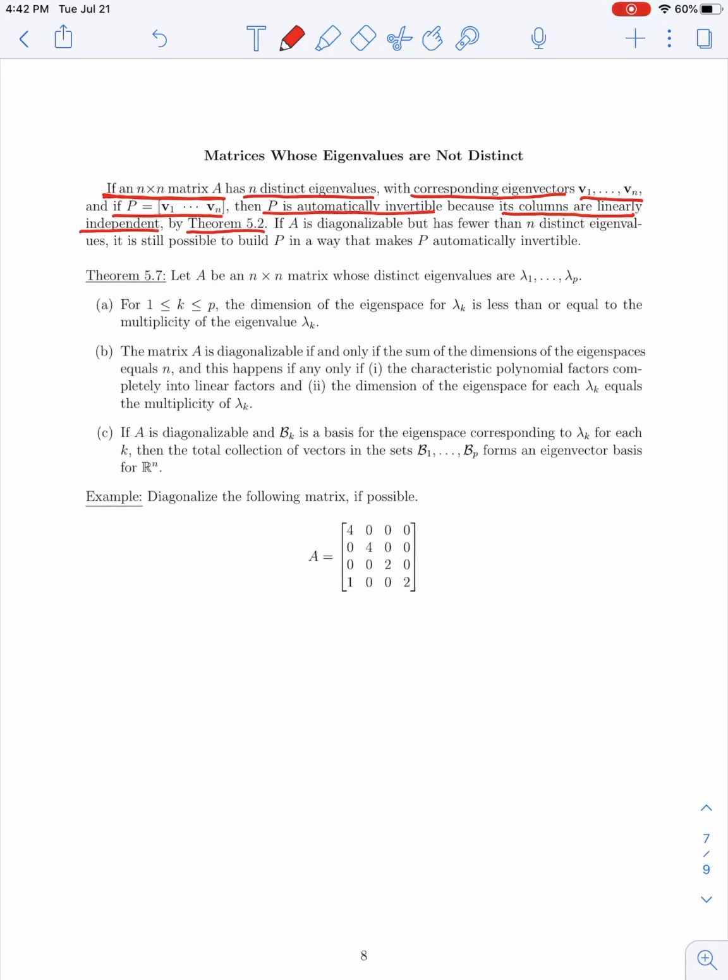And the invertible matrix theorem says if a square matrix has linearly independent columns, then it must be invertible.